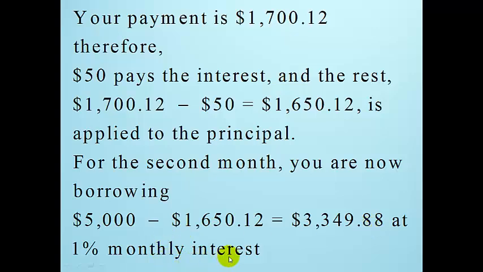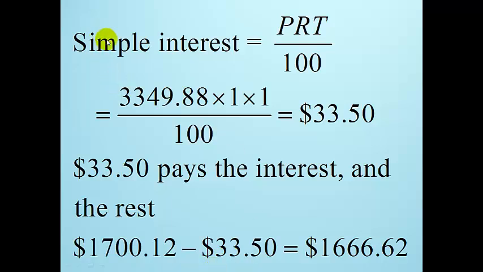Now let's proceed. Because we now have a new principal, our simple interest, which is equal to PRT over 100, will now be the principal, that is 3,349.88, times 1, that is the interest rate for the second month, times 1, that is 1 month, divided by 100, and this is equal to $33.50.